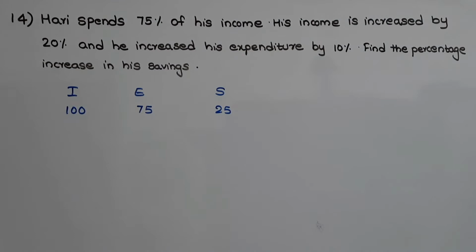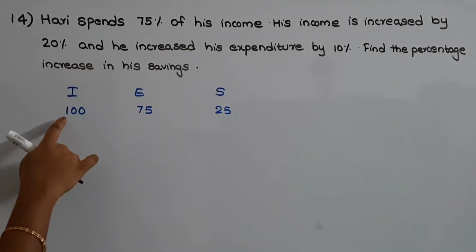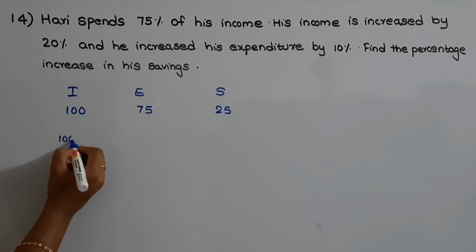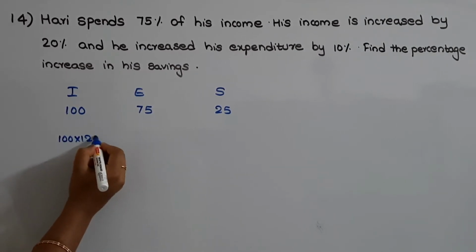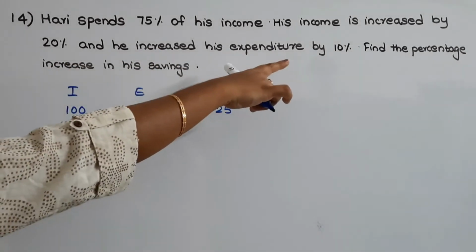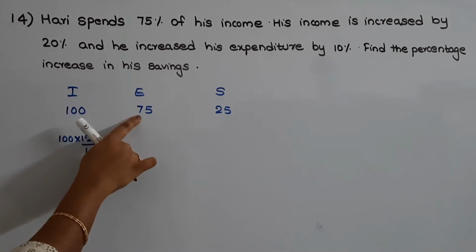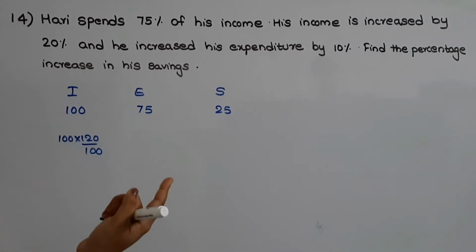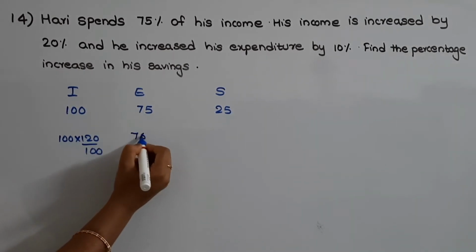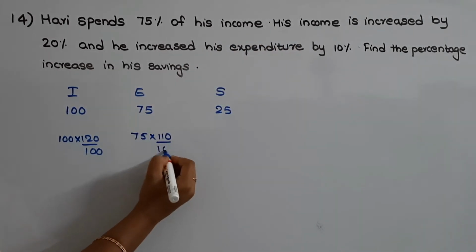Now they are telling that his income is increased by 20%. Then the new income will be 100 into 120 by 100. And he increased his expenditure by 10%. So if his old expenditure was 75, then the new expenditure will be 75 into 100 plus 10, that is 110, divided by 100.